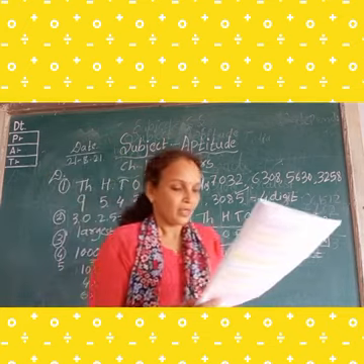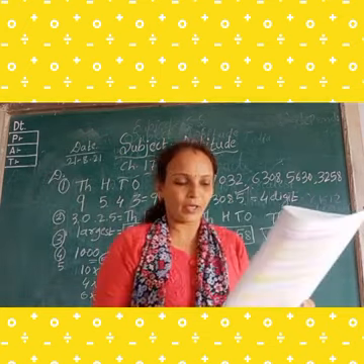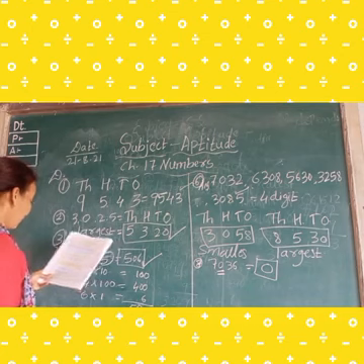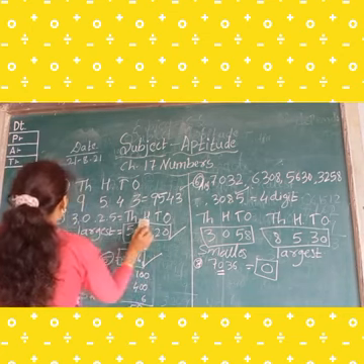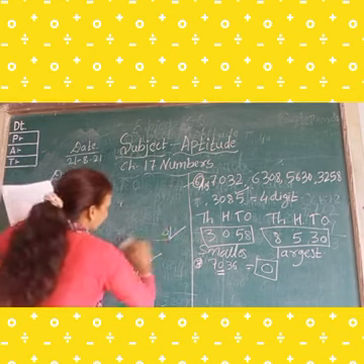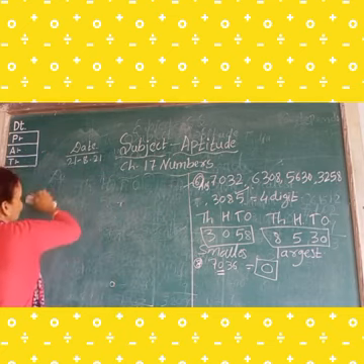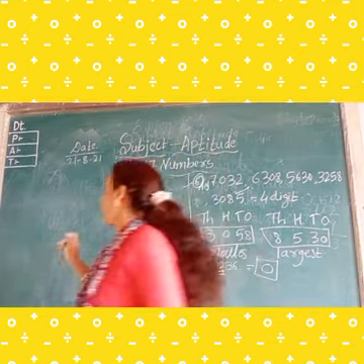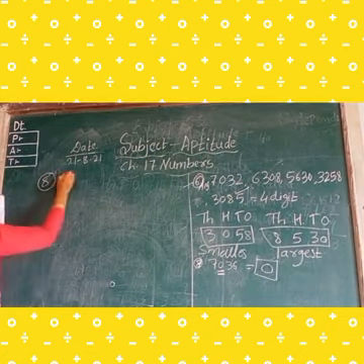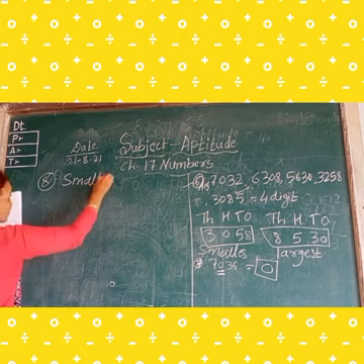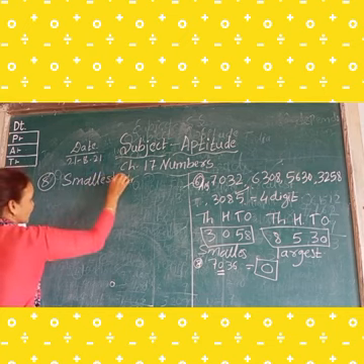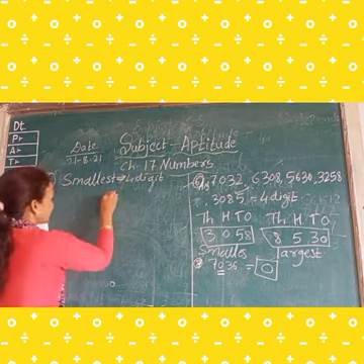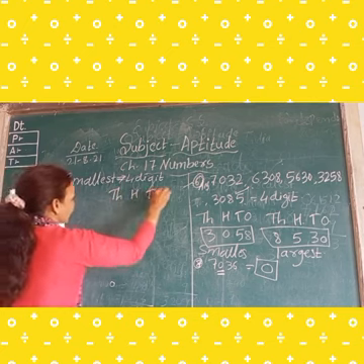So the 8th one is: write the smallest 4-digit odd number that can be formed without repeating the digits. Once again, read the question properly, beta. Everyone read the question properly. Write the smallest 4-digit odd number formed by using 8, 7, 3 without repeating. 4 digit means thousands, hundreds, tens and ones.